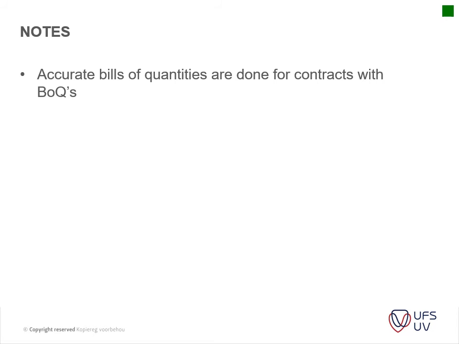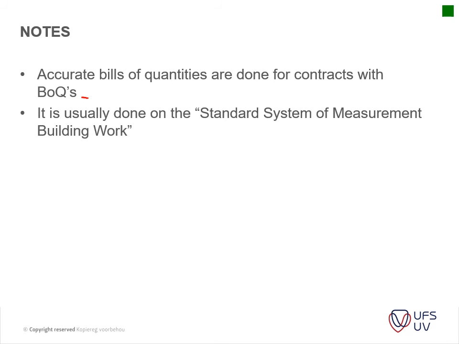Okay, so accurate bills of quantities are done for contracts with bills of quantities, so it will become part of the contract document. It is usually done on the standard system of measuring work. Very important, because now it becomes a legal thing.